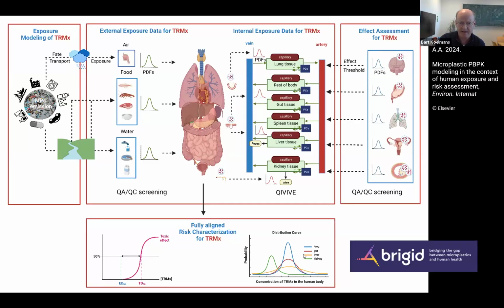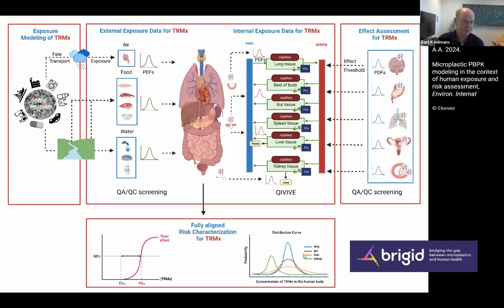And then at the right-hand side here, that's the effects. This can be quantified in similar ways, also distributions, and then this can be compared. External exposure needs to be translated into internal exposure. And I think you realize this is an active, complex and very detailed part of research at the moment to get this all connected. If you have that, then you can do quantitative risk assessments.